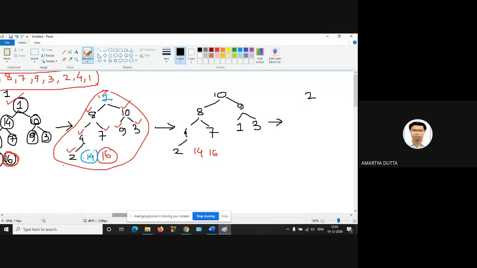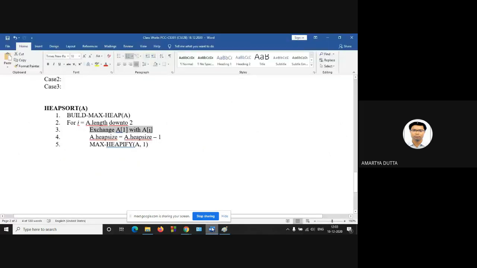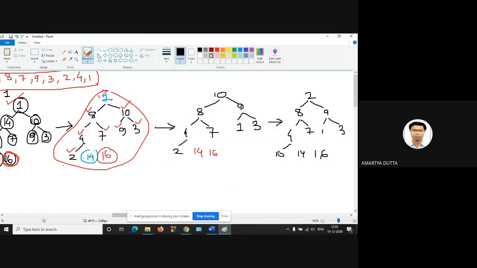So 2, this will be 8, this will be 9. Okay, so this is your 4, 7, 1, 3. This is your 10, 14, 16. Now decrease the heap size by 1, so delete this one. So this is 10 dangling, 14 and 16.